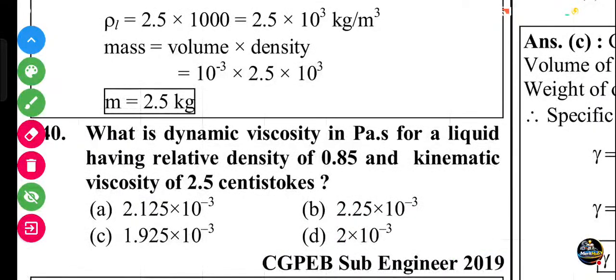Next question, what is the dynamic viscosity in Pascal second for a liquid having the relative density of 0.85 and kinematic viscosity 2.5 centistokes?